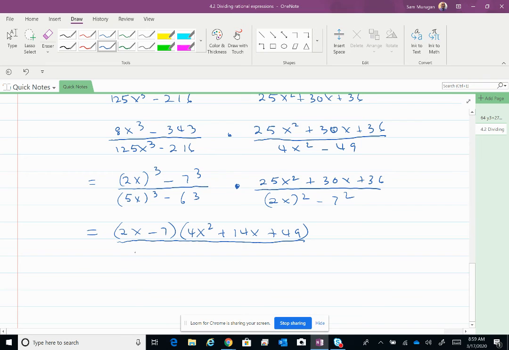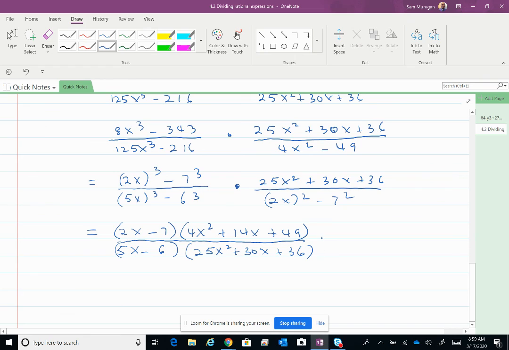Follow the same process on the denominator. It's 5x minus 6. Then 5 squared is 25x squared. 6 times 5 is 30x. And 6 squared is 36. Okay, let's make this look nice.